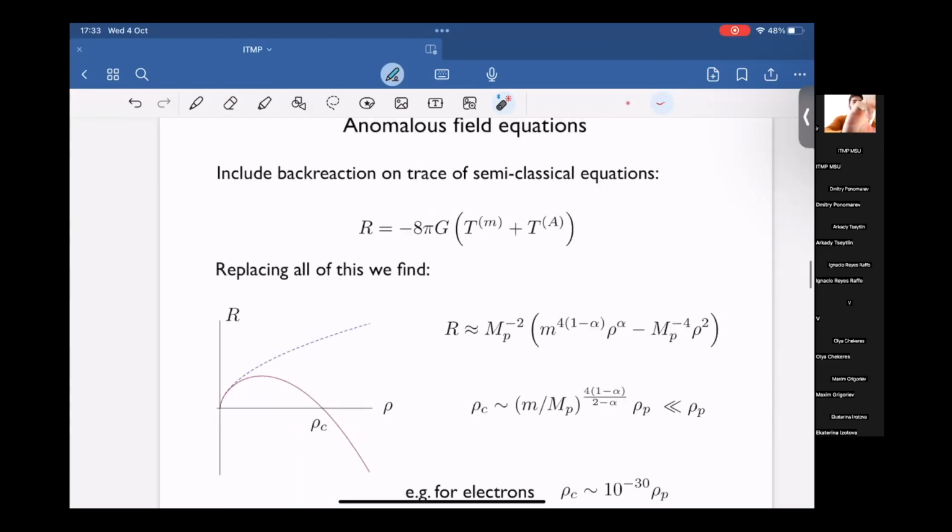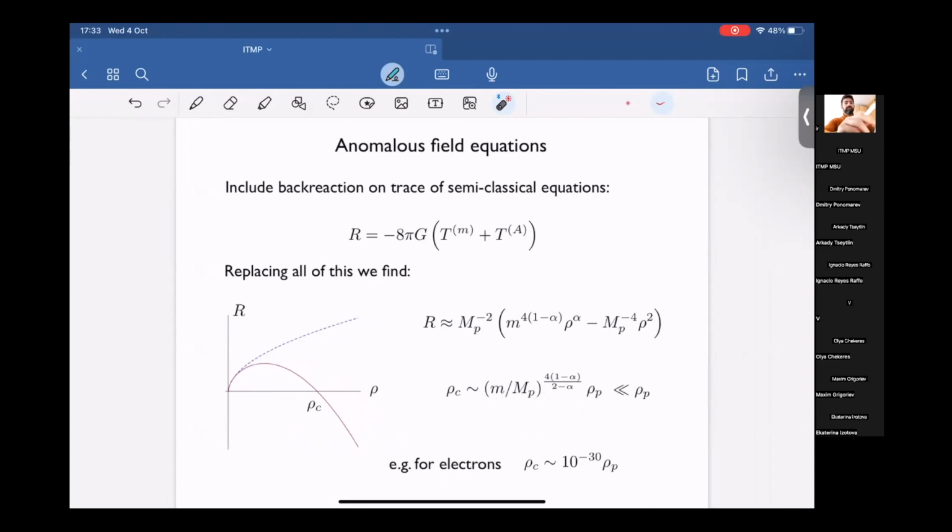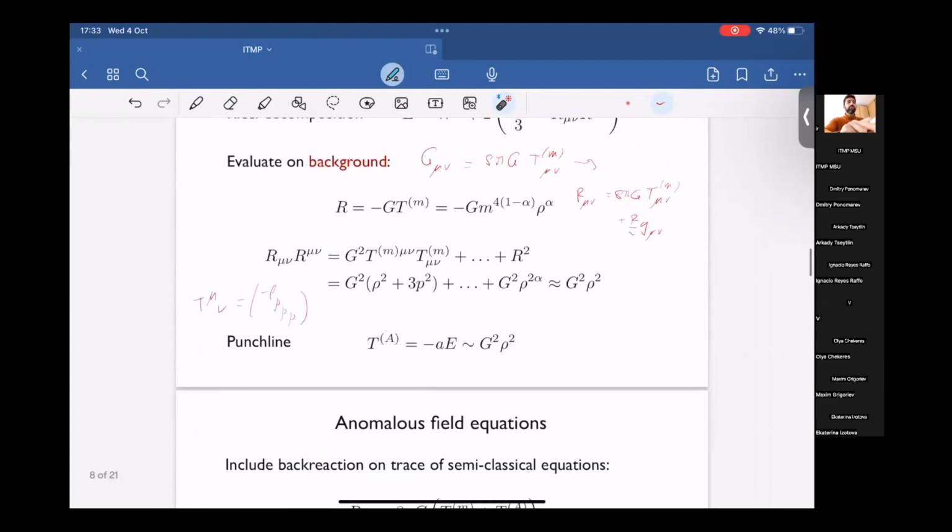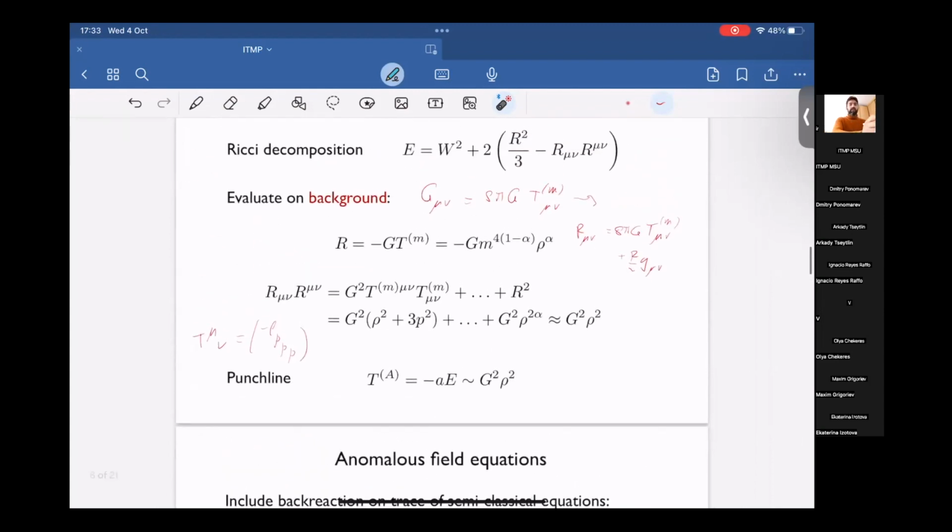Yeah. So this is a very important point. Indeed, what I assumed is that, if you look at the components of the Ricci tensor, they are essentially given by the classical contributions. And the anomalous terms are very, very small. We don't need to use them.